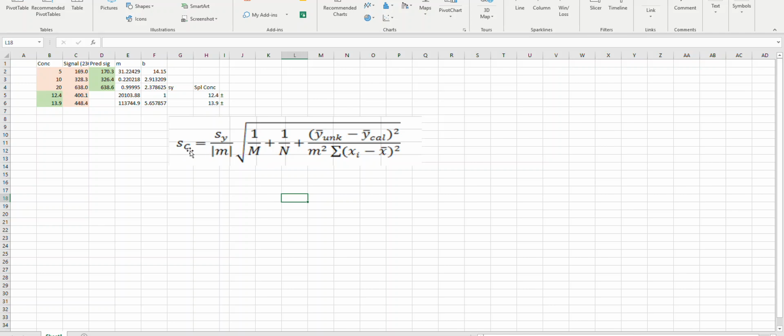But here's SC, and it's dependent on all these other values, right? So S sub y over absolute value of m times all this stuff, right? So let's just go ahead and set this up, right? All we have to do is this one, right? So we're going to say equals, and I'm going to put in the terms, right? There's one term, the first term, times the square root of the second term, okay?